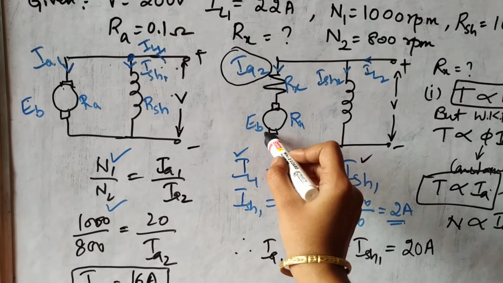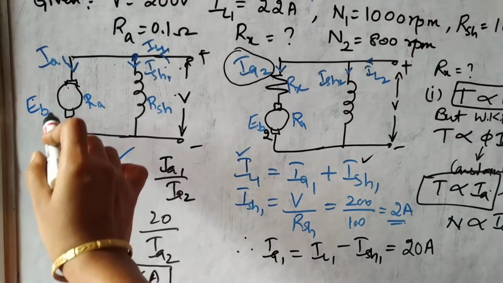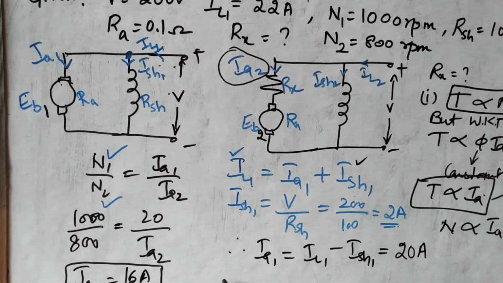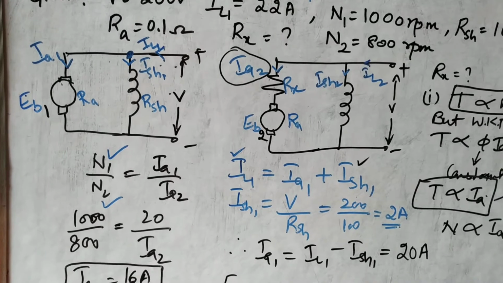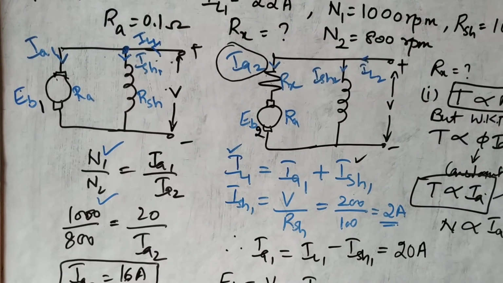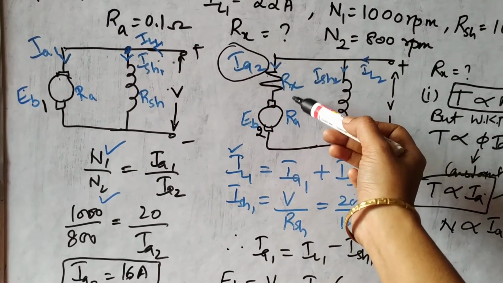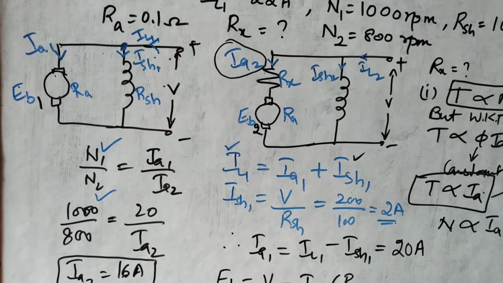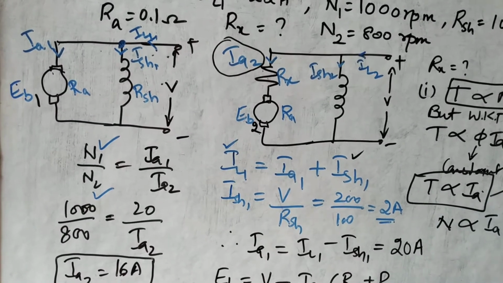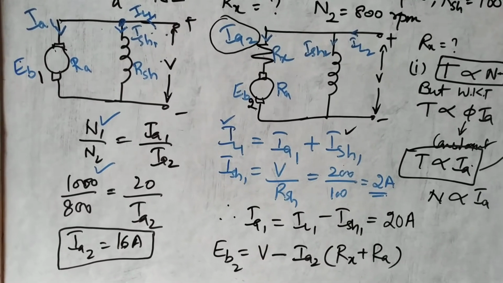Let me take EB as the back EMF, for the second circuit as EB2 and for the first circuit as EB1. Therefore we get EB2 is equal to V minus Ia2 into Rx plus Ra, since the unknown resistance Rx and Ra are in series.